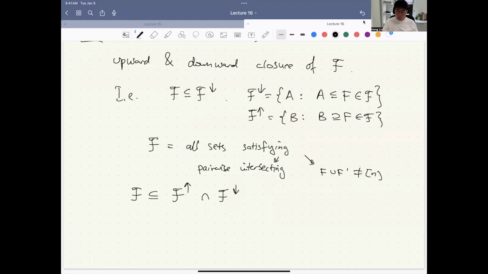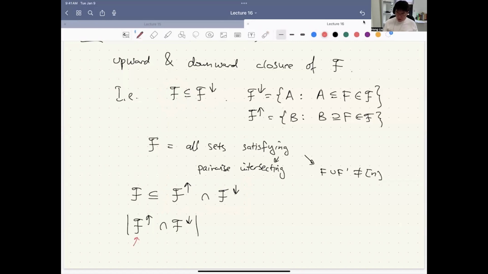F is a subfamily of both of them. So to bound the cardinality of F, we just need to bound the cardinality of this intersection. Now, F up intersect F down. What do I know?